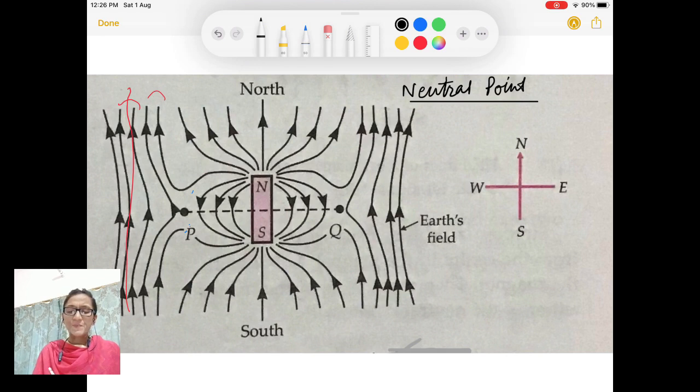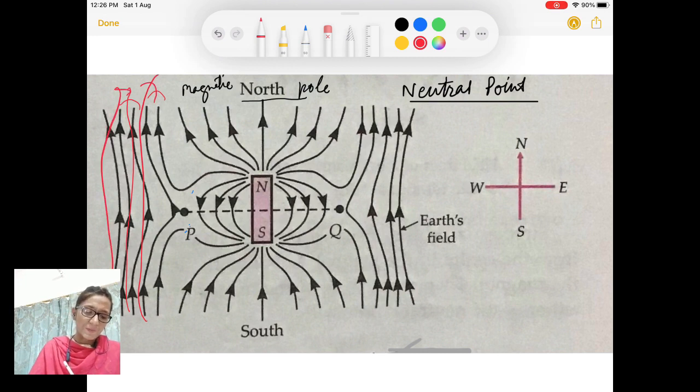Here you can see a magnet's north pole is facing towards the magnetic north pole, which is actually a south pole. So the magnetic field lines of the Earth are going all along this way. These are the magnetic field lines of Earth.